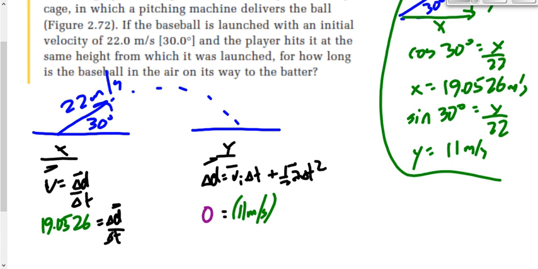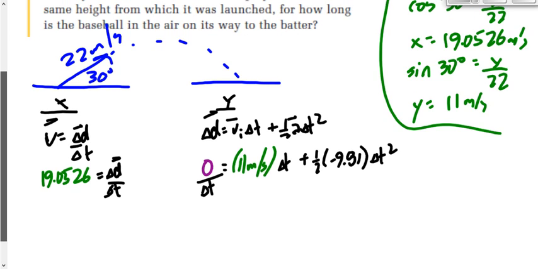Okay. So delta t plus 1/2 of negative 9.81 times t squared. Let's divide that by t. 0 divided by t is 0. Divide this by t. 11t divided by t is 11.